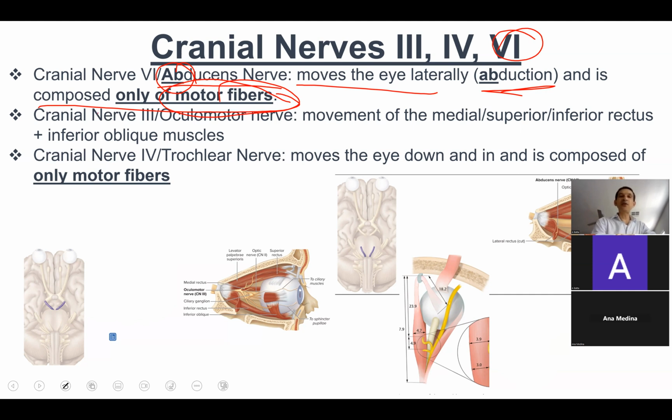So cranial nerve number 3, oculomotor. What does it do? It's a motor nerve, first of all, it's only motor. And what it does, it's a 3. Number 3, so it moves your eye up, moves your eye down, and moves your eye to the inside, toward the nose, up, down, and in.